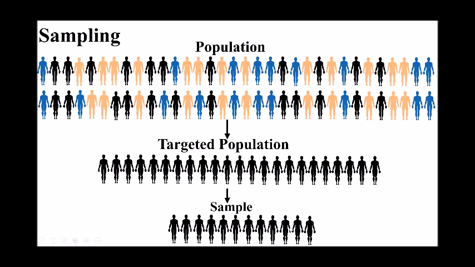So you select a subset of individuals with a certain characteristic on whom you apply the intervention, so that you can infer the results to the targeted population. That's called sampling.